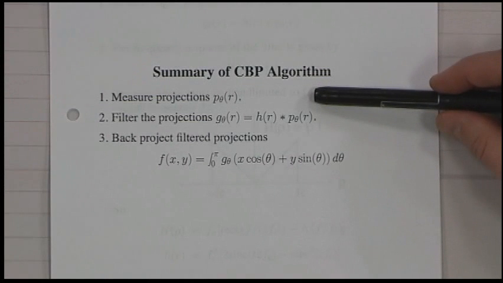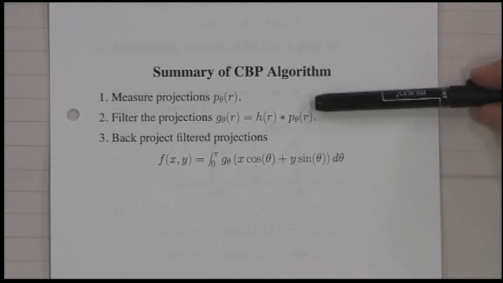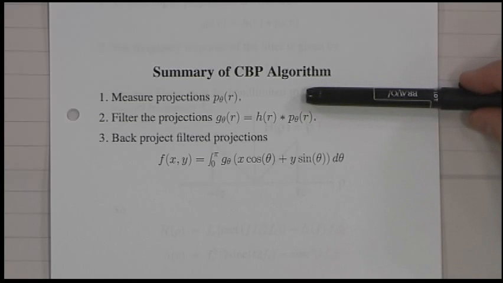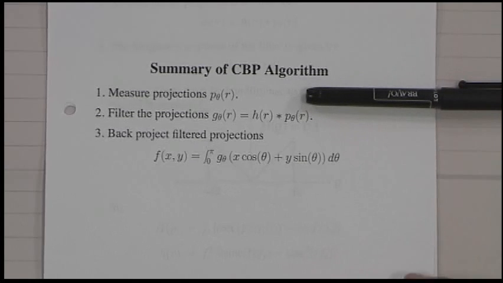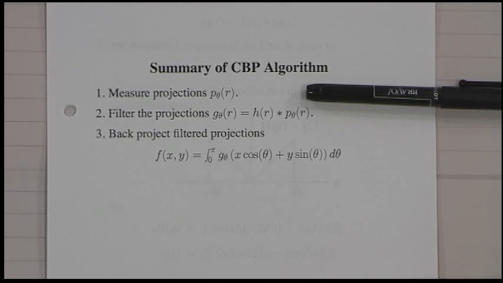And of course that depends upon the particular modality, but if it's CT, you measure it by taking the log of the photon count and using the relationship that we described. It's called Beer's law. And by taking the log, you get the line integral of the attenuation of the density. So that gives you the projections.